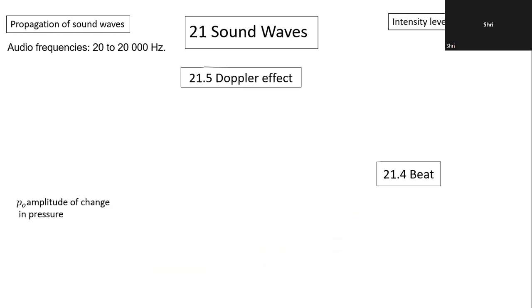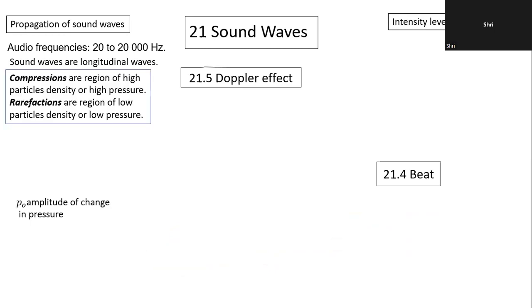Audio frequency is between 20 to 20,000 hertz. Sound waves are longitudinal waves. Compressions are regions of high particle density or high pressure. Rarefactions are regions of low particle density or low pressure. The key thing to remember is displacement leads pressure by pi over 2 radian.